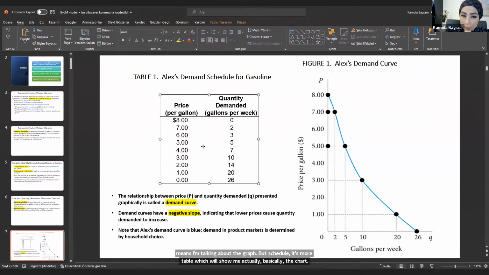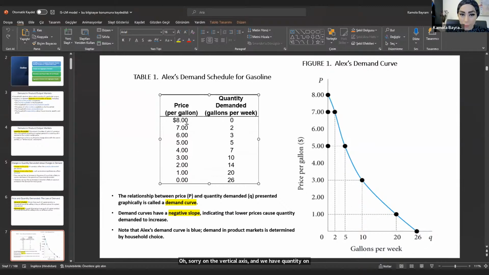Now, let us look at what is happening to Alex's consumption behavior when the price of gasoline is changing. Prices are given per gallon in USD, and the quantity demanded is in gallons per week. You know that on a demand curve, when we are showing demand and supply, we have price on the vertical axis and quantity on the horizontal axis.